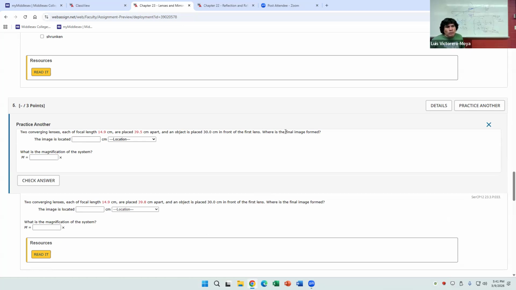What is the final image formed? So this is a classic lenses problem, right? And it's a very good problem to practice combination of lenses, a bit of ray tracing, and in general, it's a good problem to go over the whole idea of lenses and image formation.